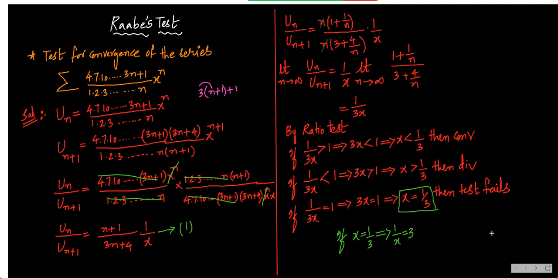Or if your answer has e, like e^x or e by x, then you have to move immediately to the logarithmic test. Actually, this ratio test is a crossroad. After the crossroad, which route you have to take depends upon the nature of un by un+1.